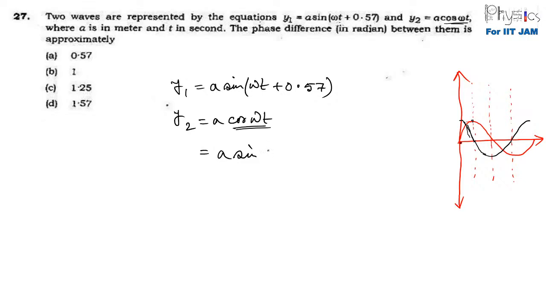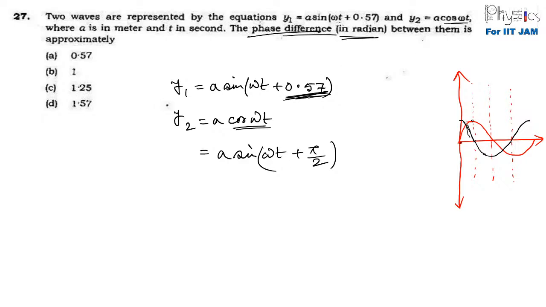Okay, so y2 equal a cos omega t equal a sine omega t plus 90 degrees. Now what is 90 degrees? 90 degrees is pi by 2, right? See, 0.57 is not in degrees, and you are asked to calculate the phase difference in radian.